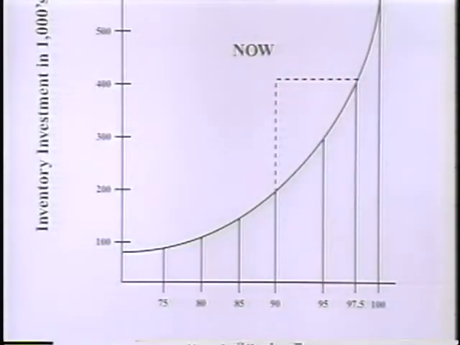So if you turn to the next page, we're looking at a service percentage and what we call inventory investment in thousands of dollars, which represents safety stock. So this curve that you're looking at, which curves up from left to right, is a safety stock service level curve.